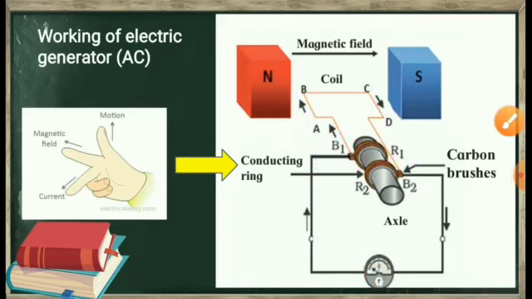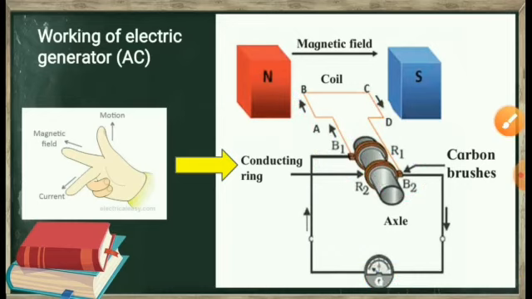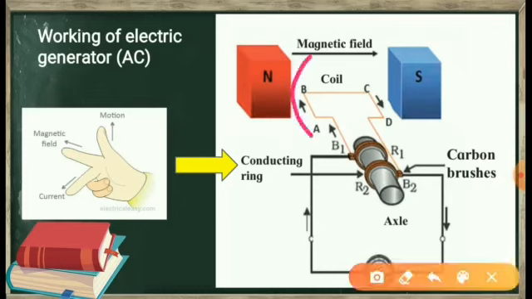Hence, in the external circuit, current flows from B1 to B2, that is opposite to the previous half rotation. This repeats after every half rotation and alternating current is produced. This is what an AC generator is. In this, it rotates in the clockwise direction.